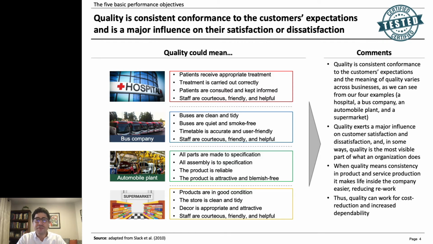For a car manufacturing plant, it can mean that all parts and assembly are made to specifications, and that the product is reliable, attractive, and blemish-free. For a supermarket, quality can mean that products are in good conditions, stores are clean and tidy, the decor is appropriate and attractive, and also that people are friendly and courteous.